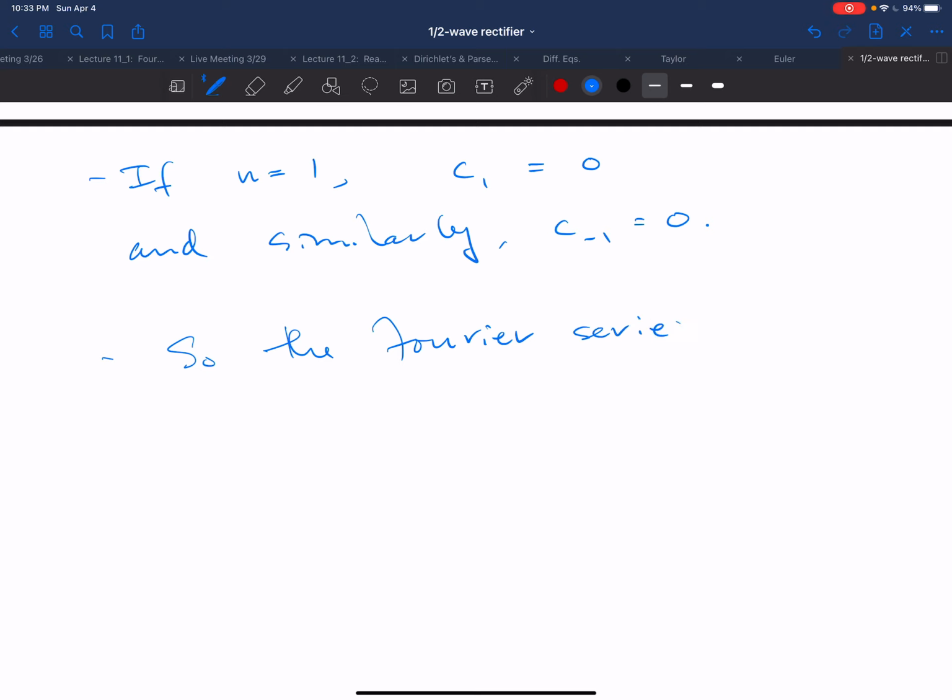So in this case, our Fourier series is 2a over pi plus this sum of sinusoidal components, Cn.